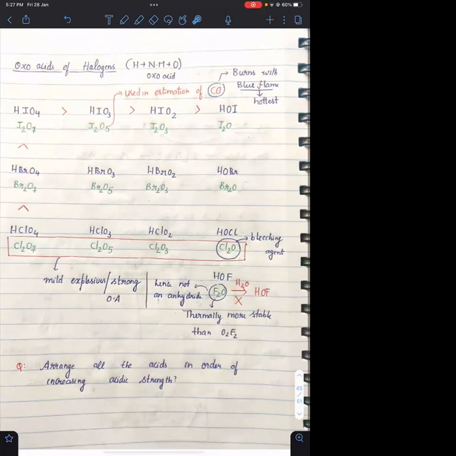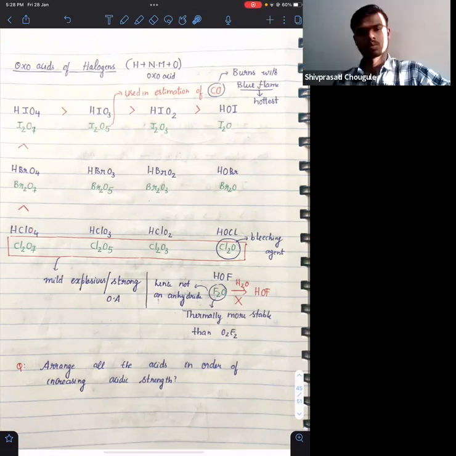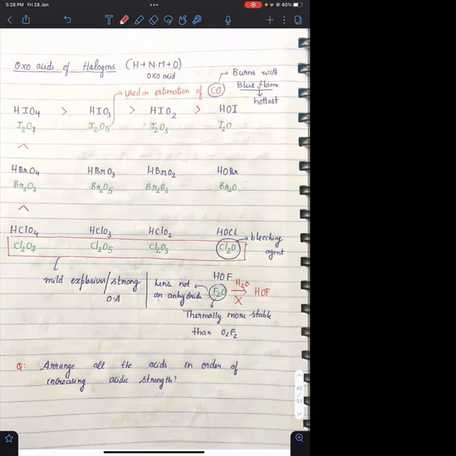If I am seeing order of acidic strength of different acids of different elements, मतलब iodine का, Br का, chlorine का. Okay, down the group as the size increases, in case of oxy acids, the acidic strength decreases. मतलब HClO4 सबसे strong है. The reason is if I am forming the conjugate base with double bond O, double bond O, double bond O, इन दोनों के बीच में resonance effectively होगा because the orbital sizes are almost similar. यहाँ पे 2p, यहाँ पे 3p है.